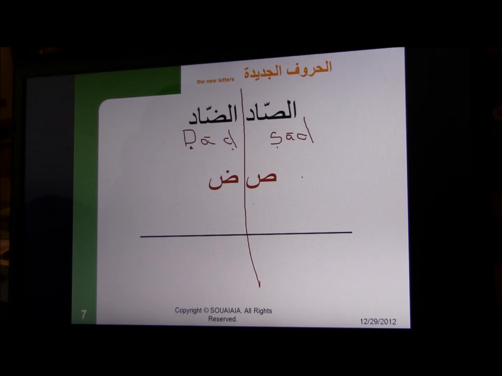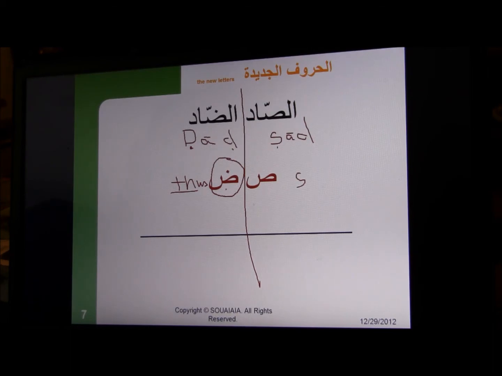This is a heavy version of the S, and this is a heavy version of the, like, thus. In fact, it's very heavy. It's in fact a combination of more than one sound.